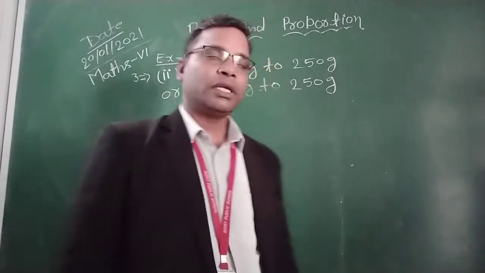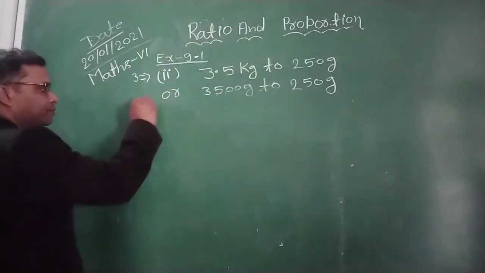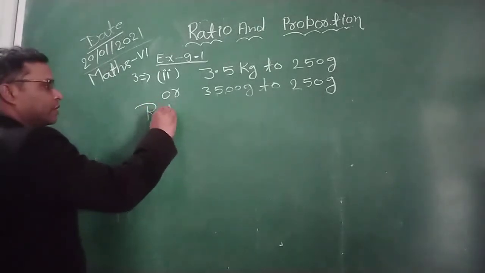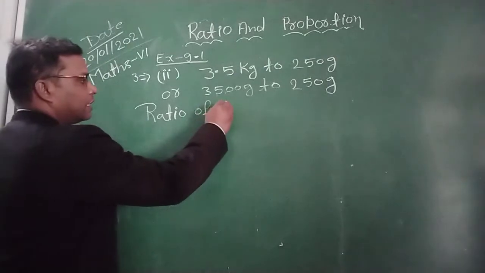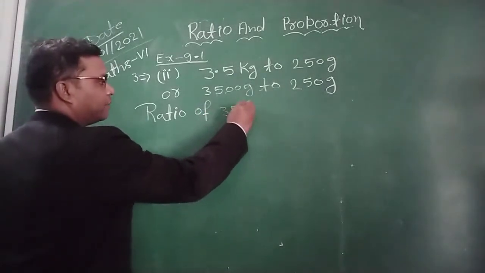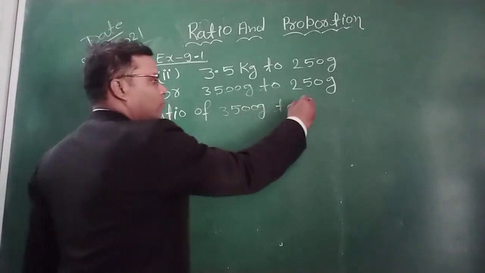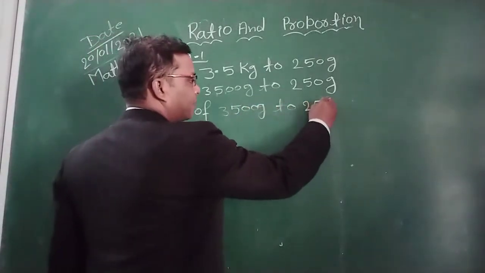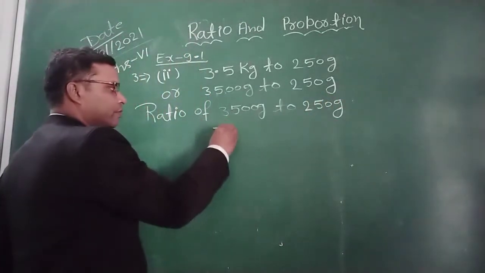Okay, so here you can write the ratio of 3500 grams to 250 grams. Okay, this is equal to what?